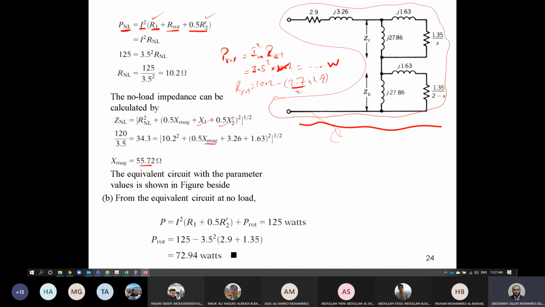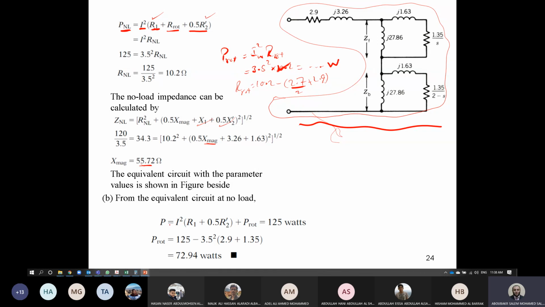So what is the value now of R rotational? 10.2 minus 2.9 minus 2.7 over 2. What will be the value? It's almost 6 ohms, around 6 ohms.